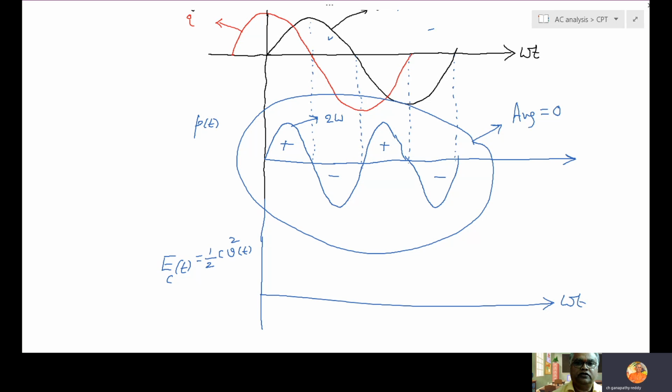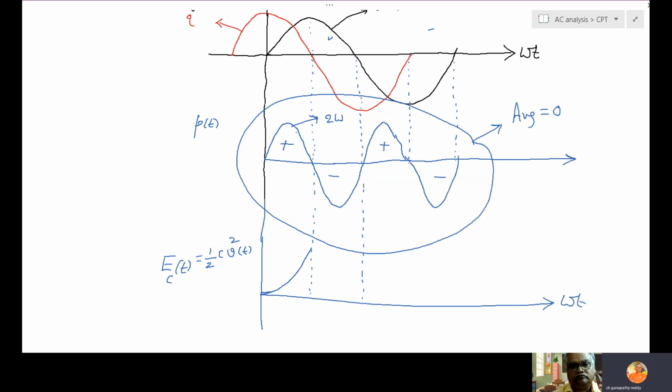If you see this voltage waveform, the integration of the power is increasing. So here energy increases like a reverse umbrella shape.